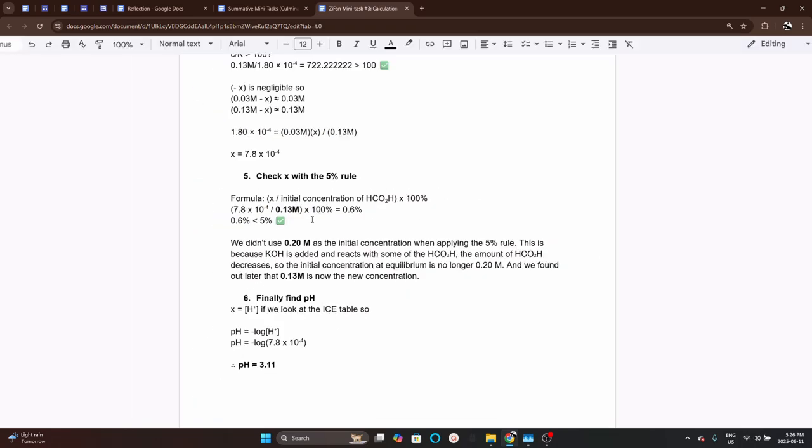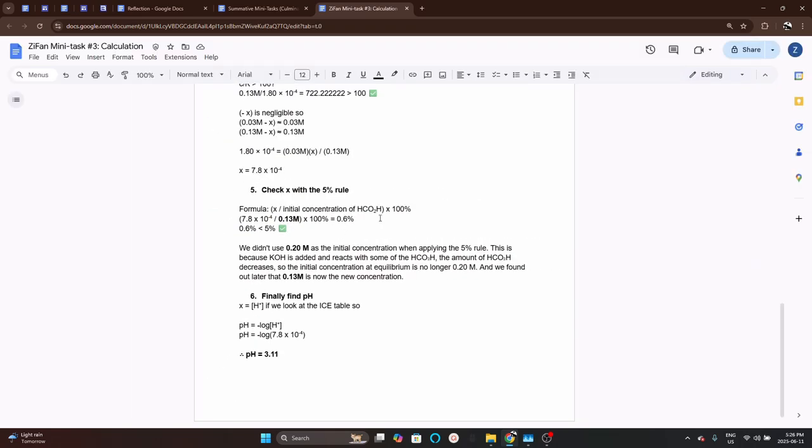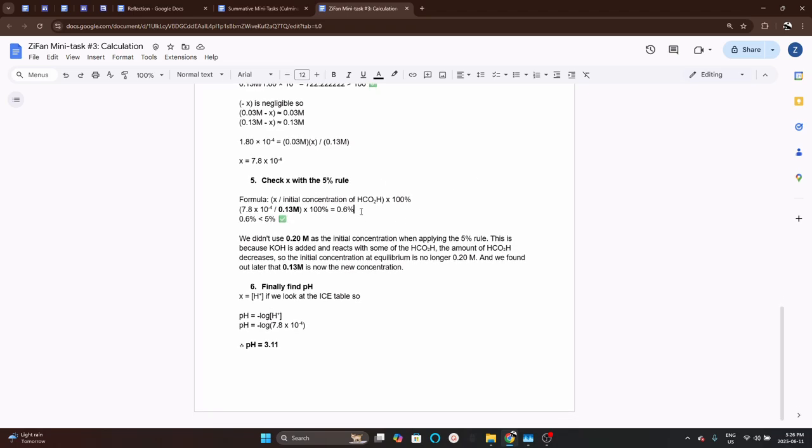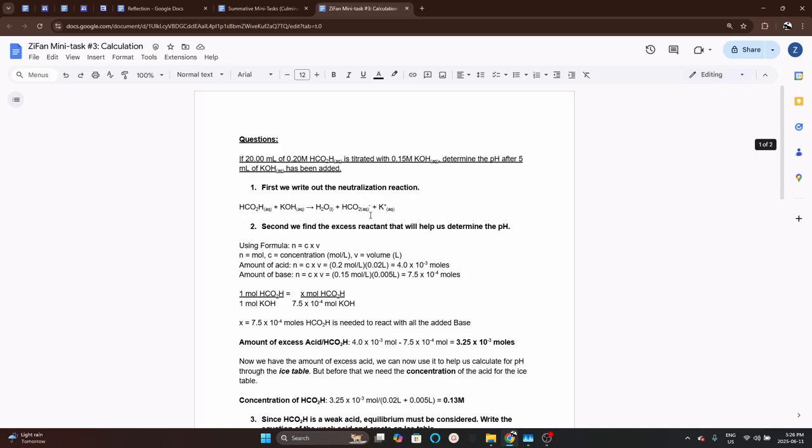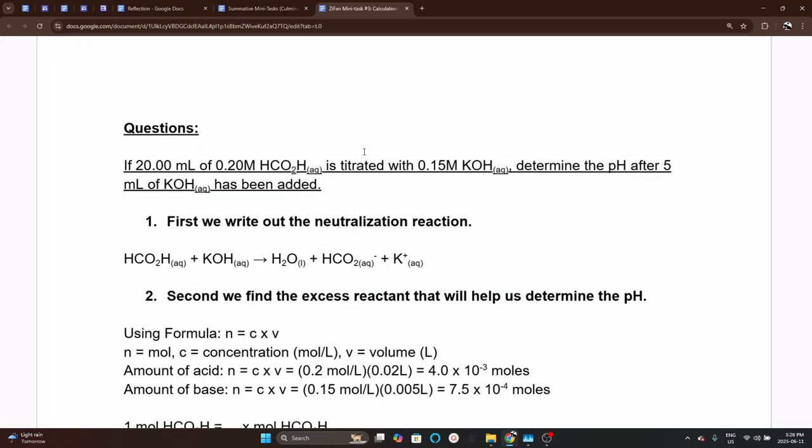And the 5% rule is simple. x divided by the initial concentration times 100%. And we find that it is less than 5%, which is 0.6%. Now people might ask, why don't we use the 0.2 moles per liter? Because if we're asking for the initial concentration, isn't this the initial concentration?